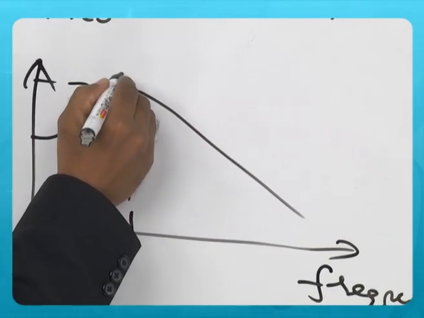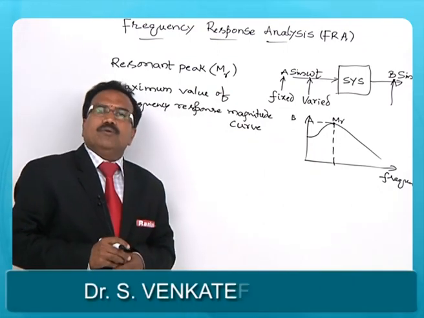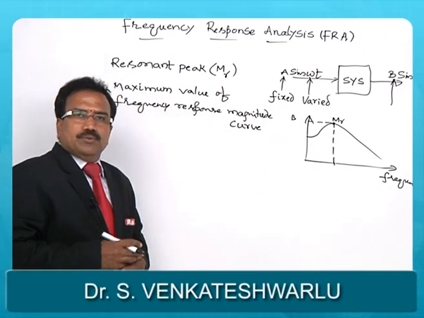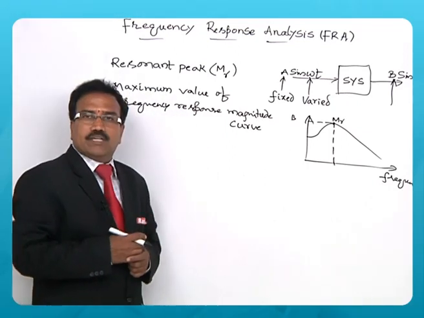This is MR, the maximum value or peak value of the magnitude curve, known as resonant peak.